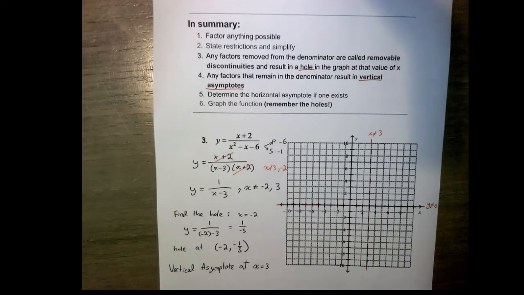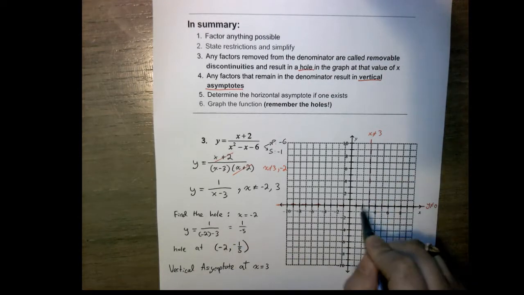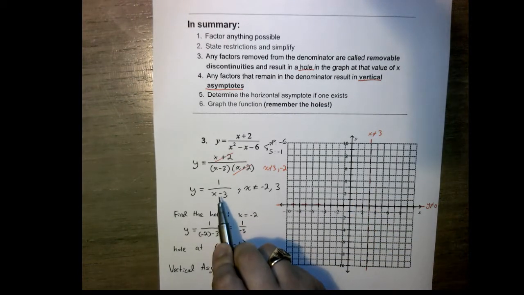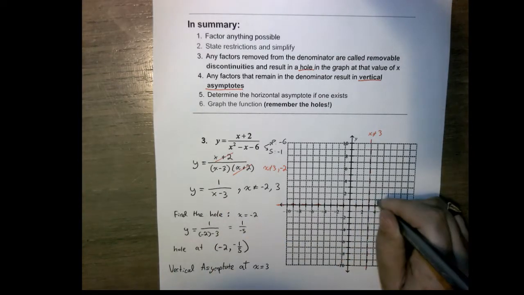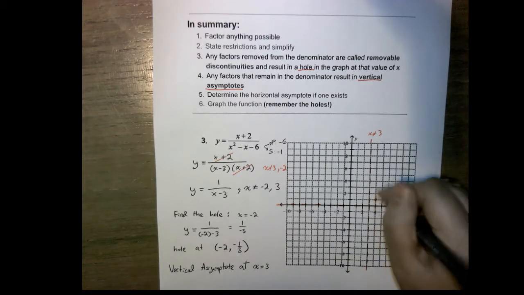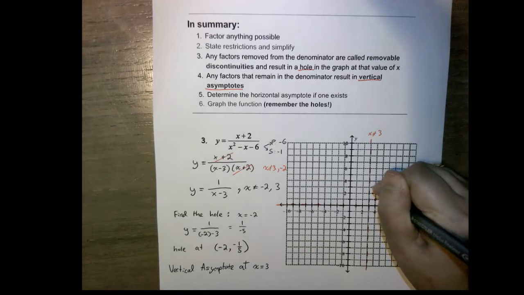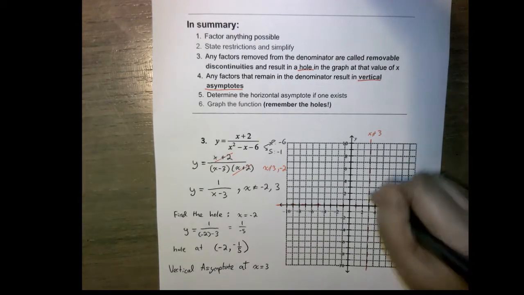So when it comes to plotting this, my original point was at 1, 1. It got moved over horizontally by 3. I have a horizontal translation of 3 to the right here. So I'm moving this over 3 to the right, and pretty much everything is just getting moved over 3 to the right. So I can kind of already guess what my other points are going to look like, right?